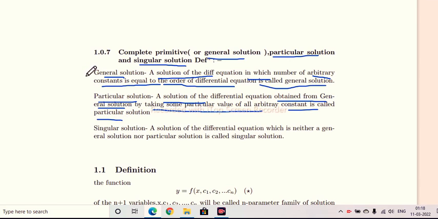We will understand this concept by proceeding with suitable examples. Now next is singular solution. A solution of the differential equation which is neither a general solution nor a particular solution is called a singular solution.